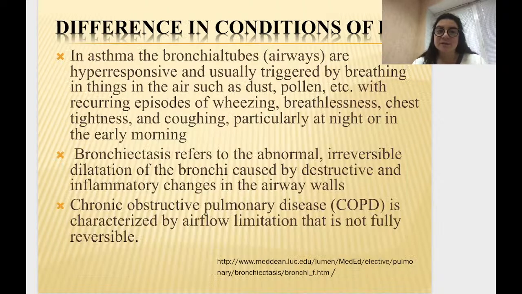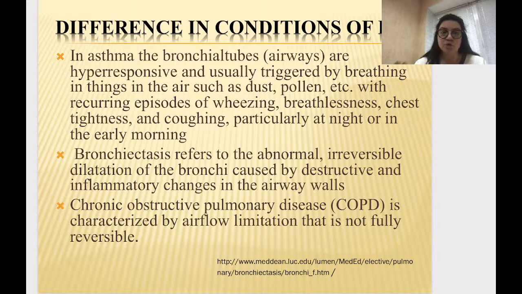Okay, what's the difference in conditions of bronchoobstructive syndrome? In asthma, the bronchial tubes that we name airways are hyperresponsive and usually are triggered by breathing in things in the air such as dust, pollen, etc., with recurring episodes of wheezing, breathlessness, chest tightness, and coughing, particularly at night or in early morning.